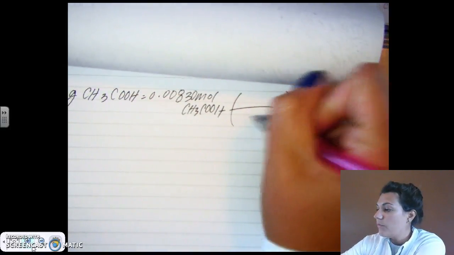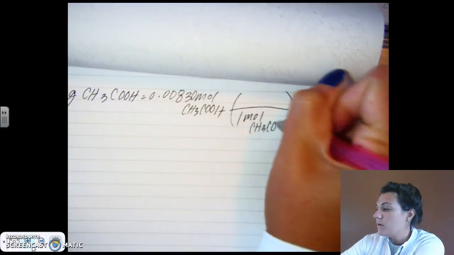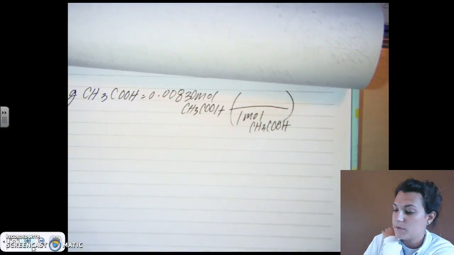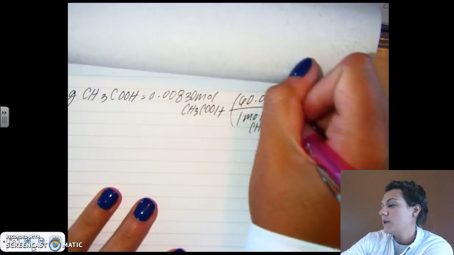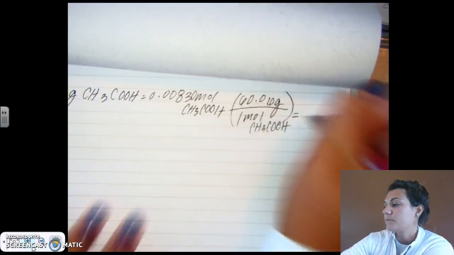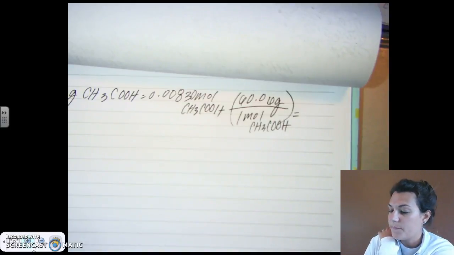For every 1 mole of CH3COOH, let's do this really fast: 12.01 plus 3.03 plus 12.01 plus 32 plus 1.01, and I got 60.06 as its molar mass. So I would just do 60.06 times the amount of moles that I have, which was 0.0083.